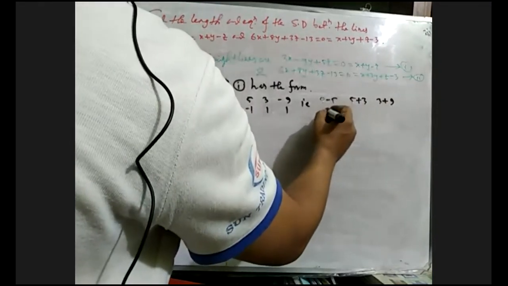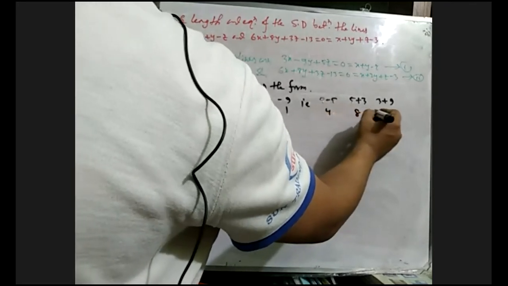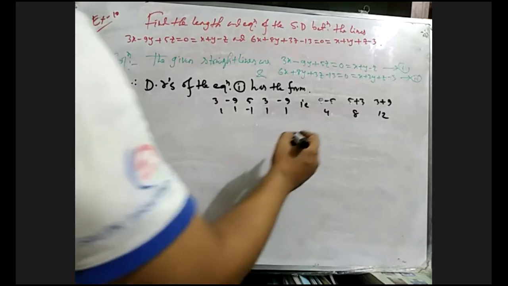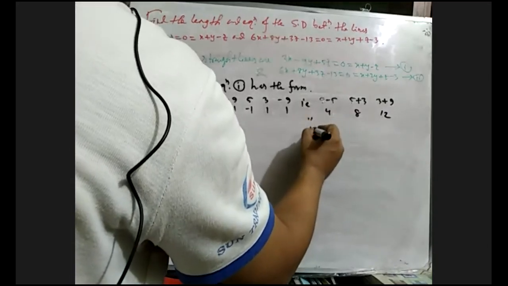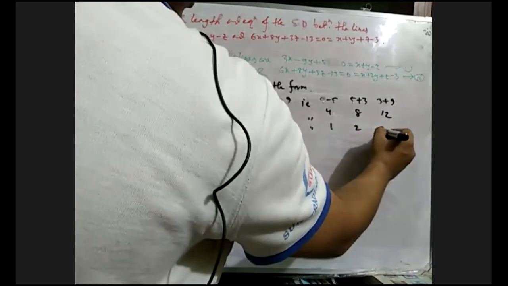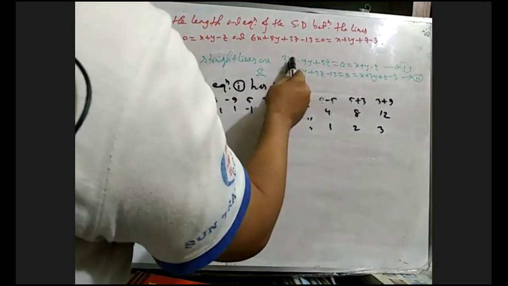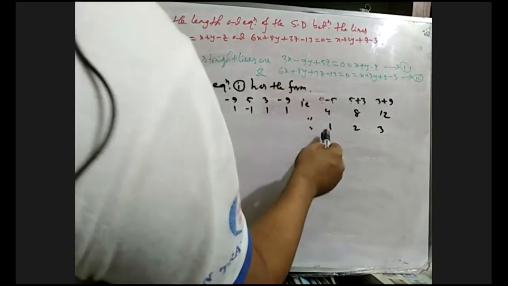That is 4, 8, 12. That means 1, 2, 3. This is the direction ratios from equation 1. Then just solving this and this, we get this one.